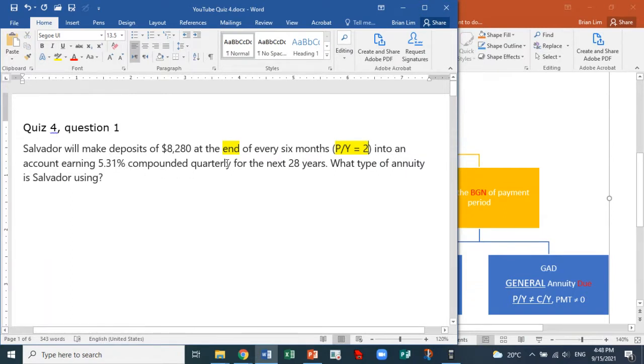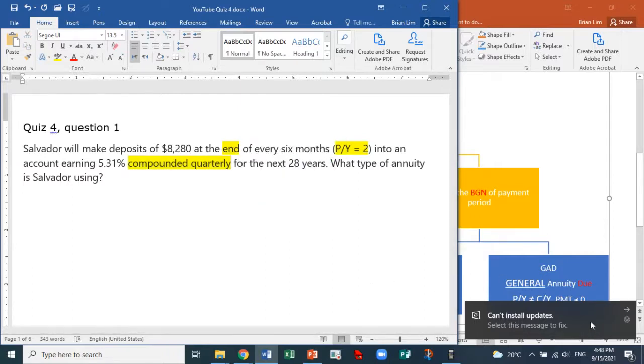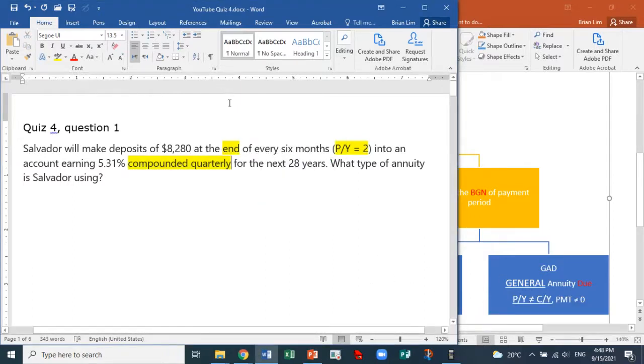5.31% compounded quarterly. Now this is also important here. It's compounded quarterly, so that tells us about the compounding, which is, we know that from the compound interest, that is CY, so it's quarterly, so that would be 4.